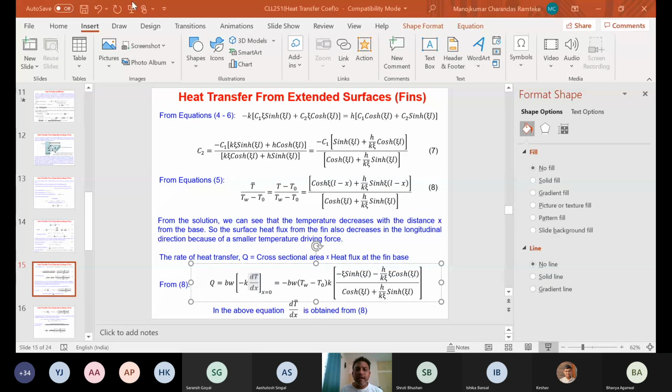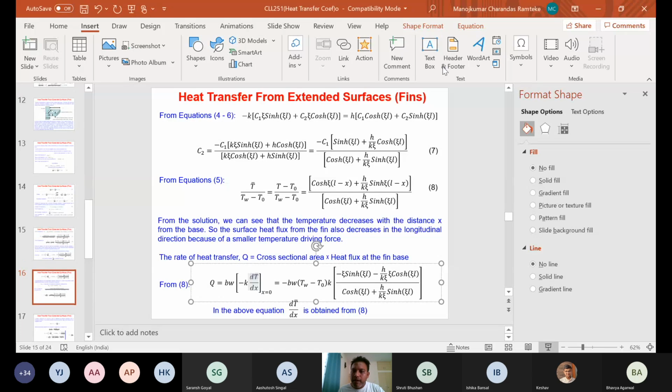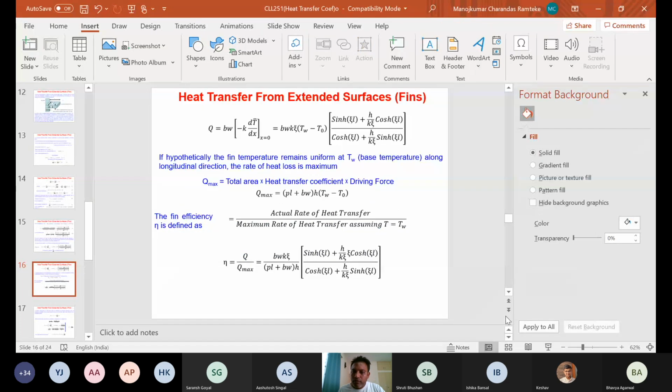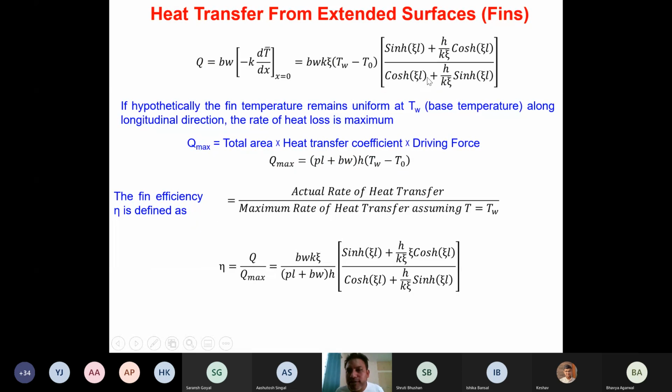So what ultimately we will get is Q given as BWk zeta (TW minus T naught) in the bracket, sinh zeta L plus h by k zeta cosh zeta L, divided by cosh zeta L plus h by k zeta sinh zeta L. Okay, this is the equation.